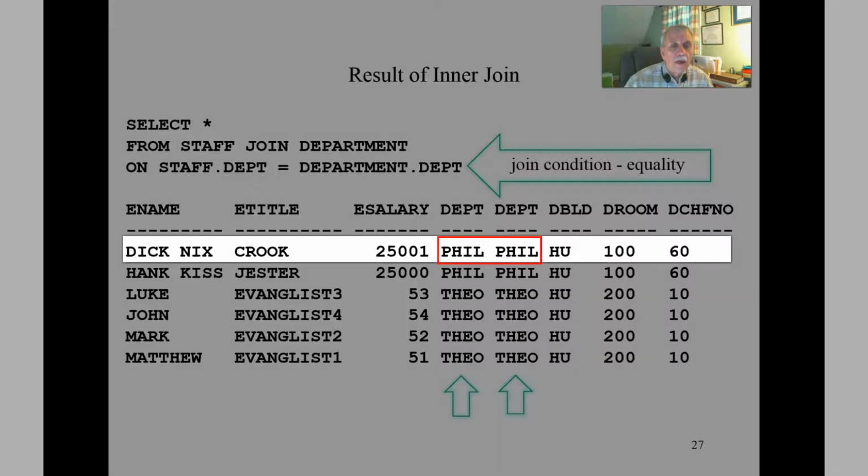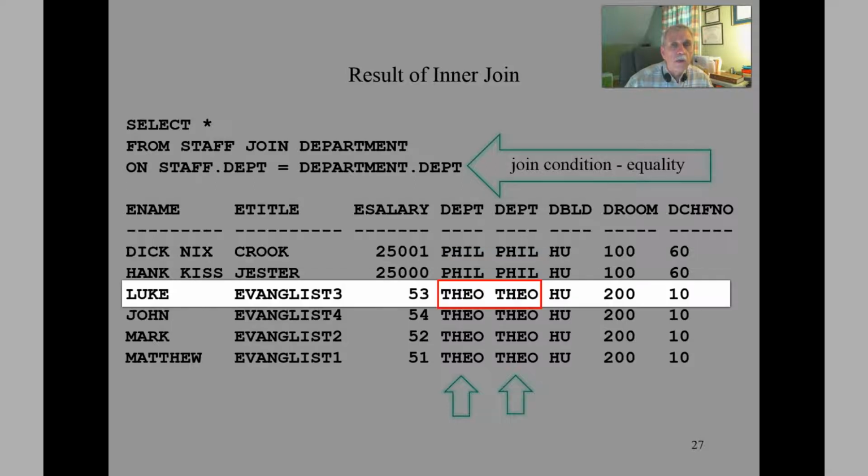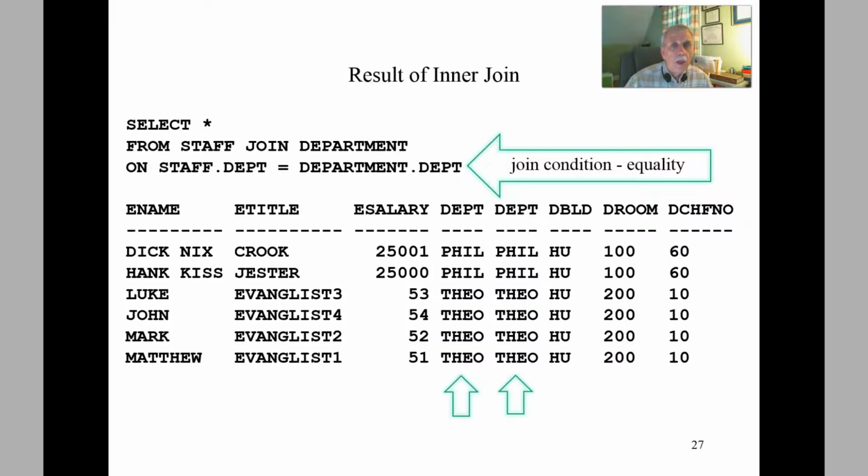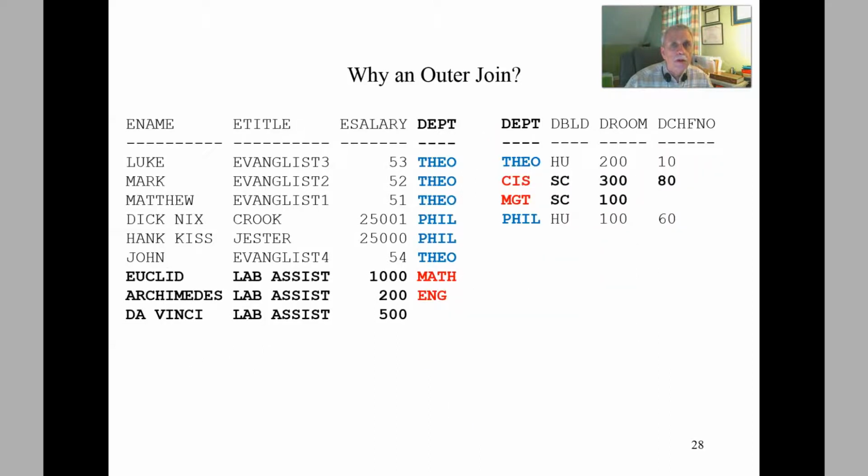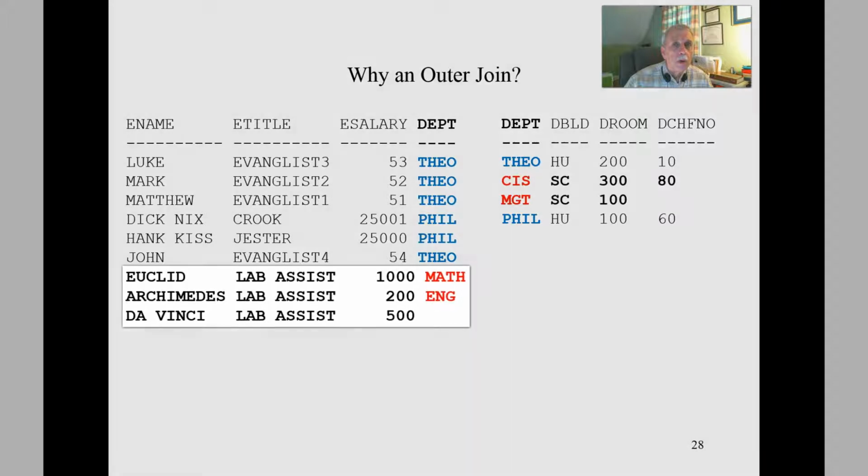Thus, for Dick Nix, he's assigned to philosophy, and he matches the philosophy department. For Luke, he's assigned to theology, and he matches the theology department. But if you recall, for these two tables, we have additional departments, and we have additional employees.